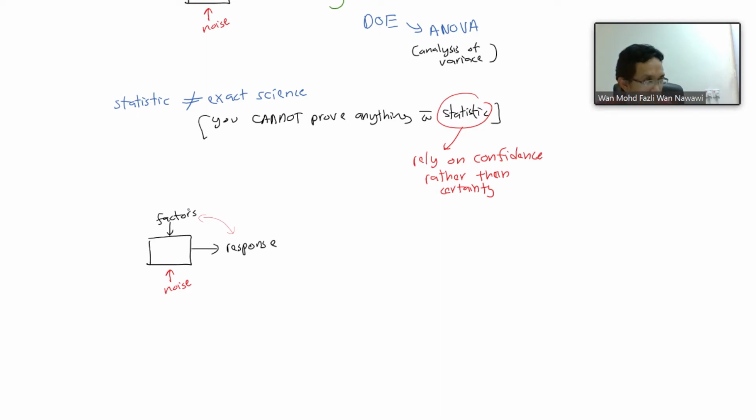It just provides a guideline for the reliability and validity of the result. It cannot prove, like the case of the swan before. It just gives you the confidence, the validity.